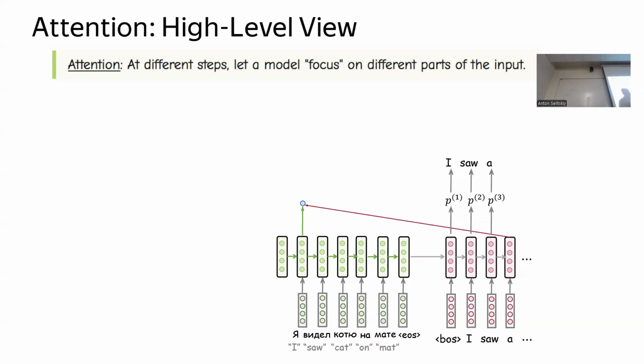So maybe when we want to translate and predict a new word in English from French, we need to look at the specific word in French. So this is the idea of attention. We can look at all the words in our input sentence, and we need to decide which word we actually want to translate.